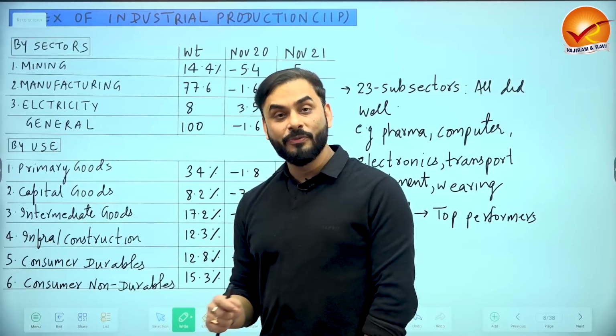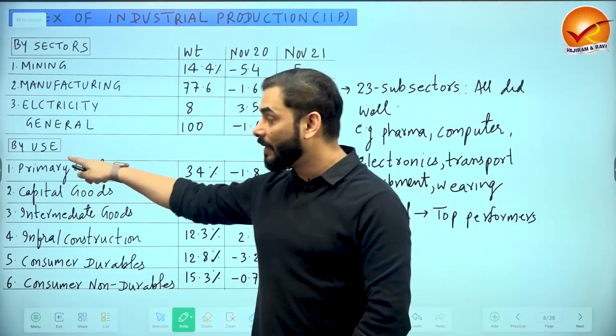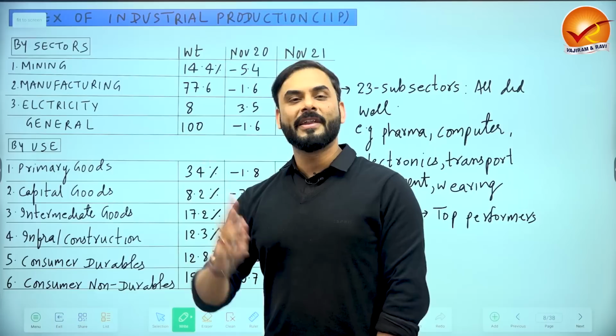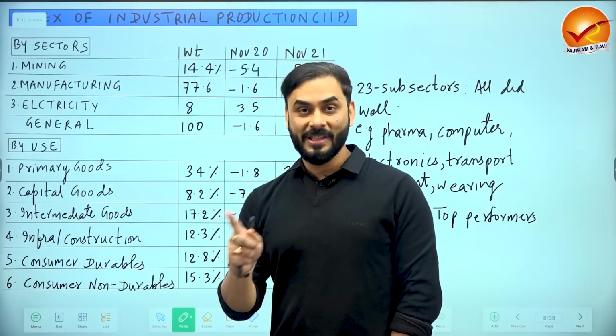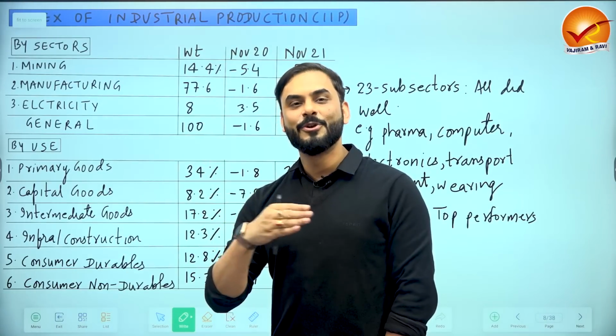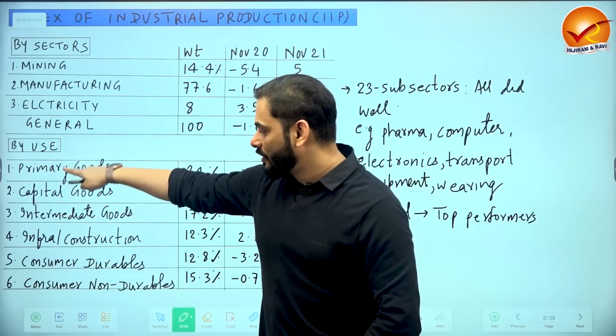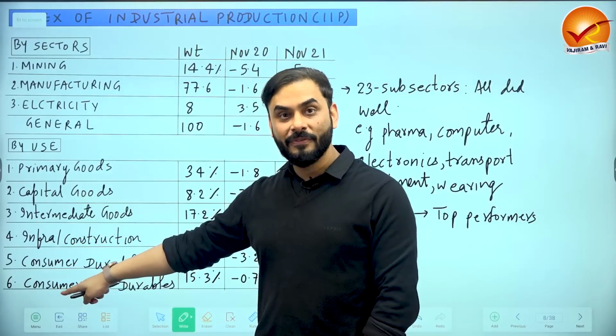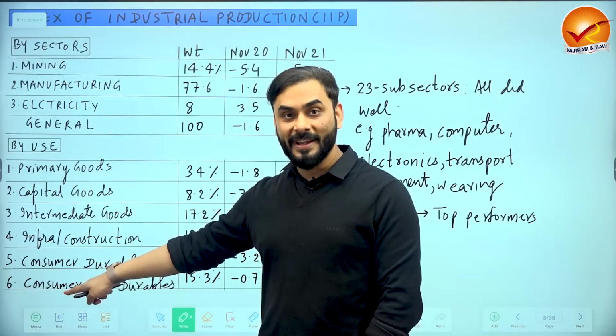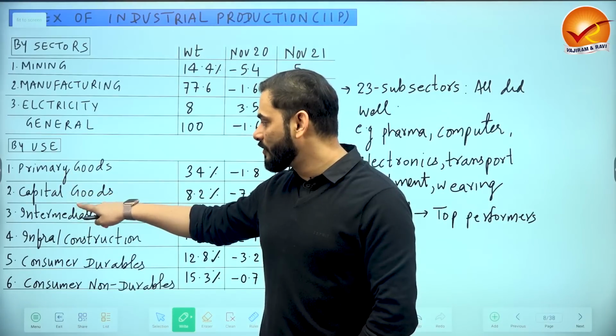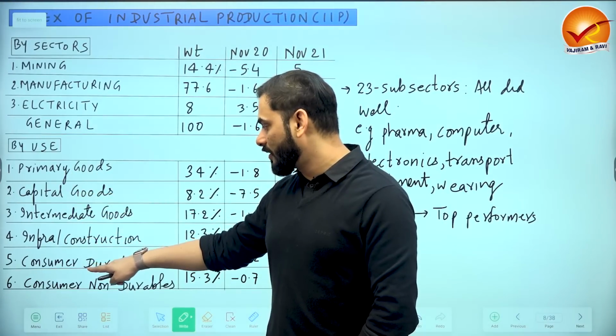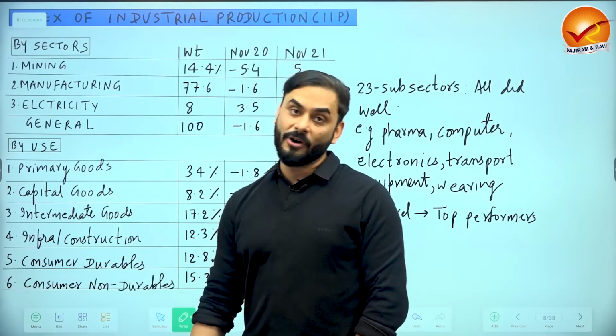Similarly, if you want to find out index of industrial production by use, so take different items by use that you see in your industries, put them in a basket, look at their production. So by use, how many types of goods are you taking to create index of industrial production? Primary goods, capital goods, intermediate goods, infrastructure, construction, consumer durables and consumer non-durables.